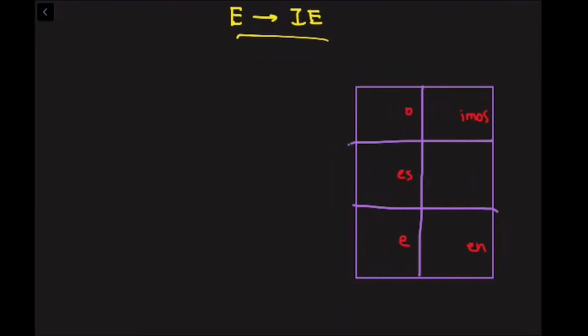For this type of stem change, let's take the verb preferir, for example. This means to prefer. So the first step is finding the stem of the verb. So we cross out the last two letters, the I and the R, to get the stem prefer.